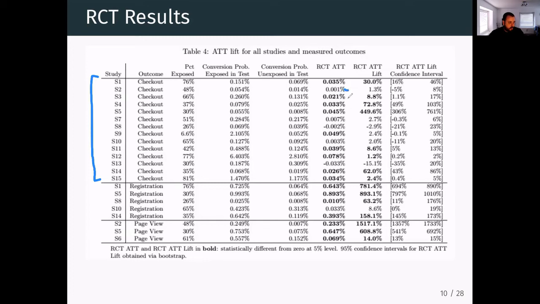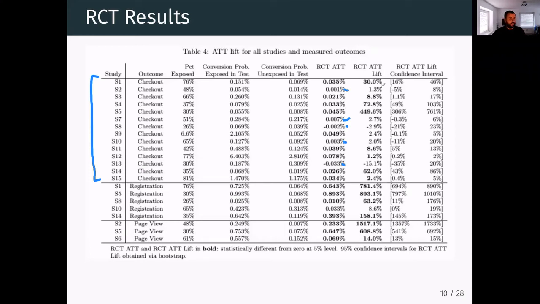And we see that there's 1, 2, 3, 4, 5, if I got my math correct. Yeah, 5 of those effects are not significant. So not every ad generates statistically significant effects on checkout.